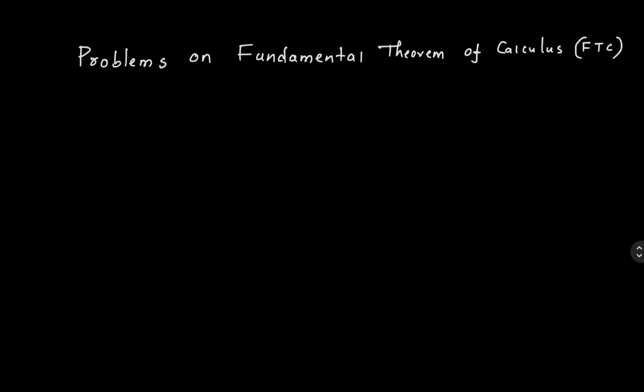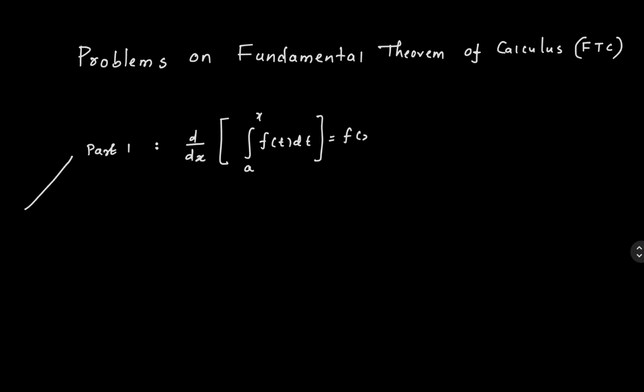It has basically two parts. Part 1 is d by dx of the integral from a to x of f(t) dt, equal to f(x). In part 1 we are going to solve basically three types of problems.